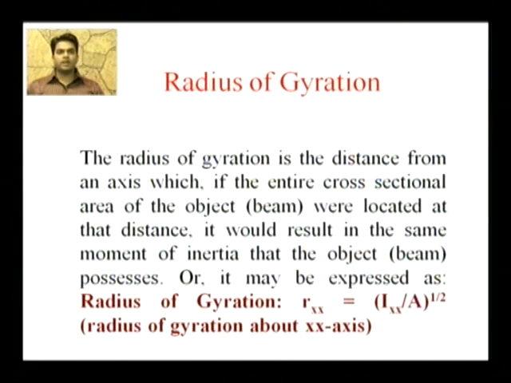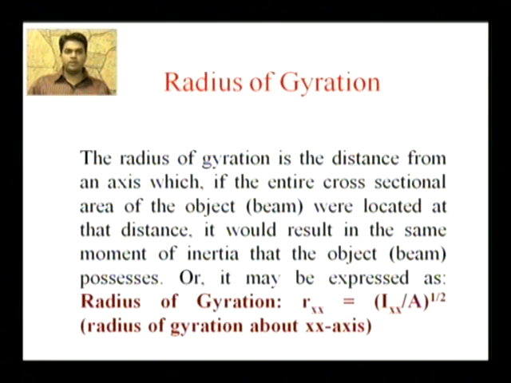The radius of gyration is the distance from an axis which, if the entire cross-sectional area of the object or beam or column were located at that distance, it would result in the same moment of inertia that the object possesses.